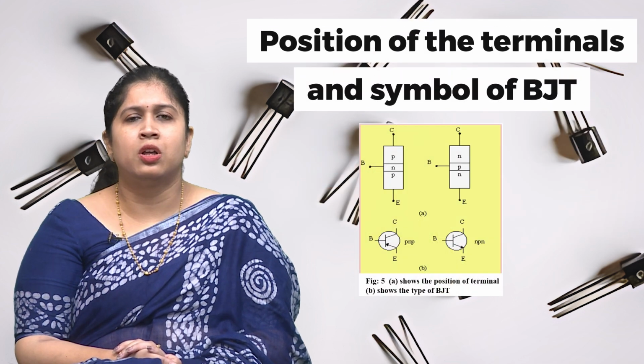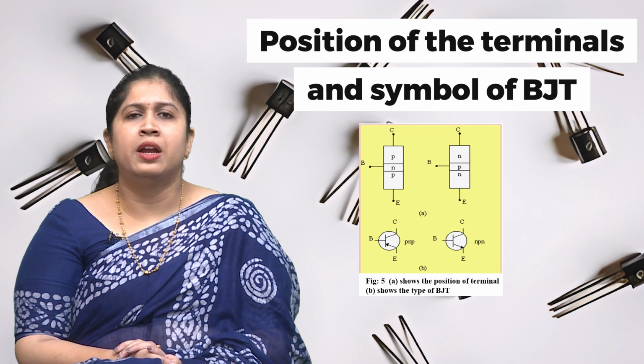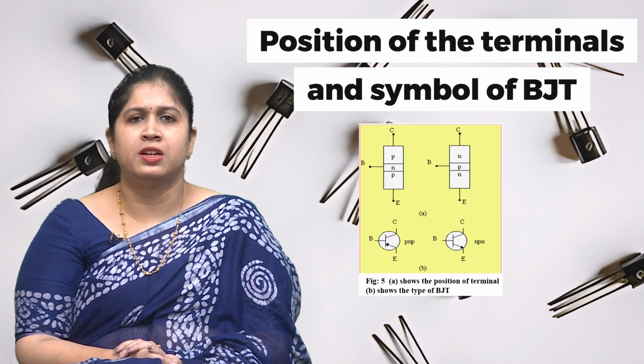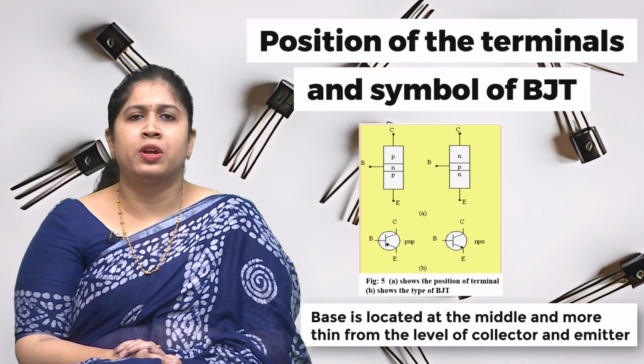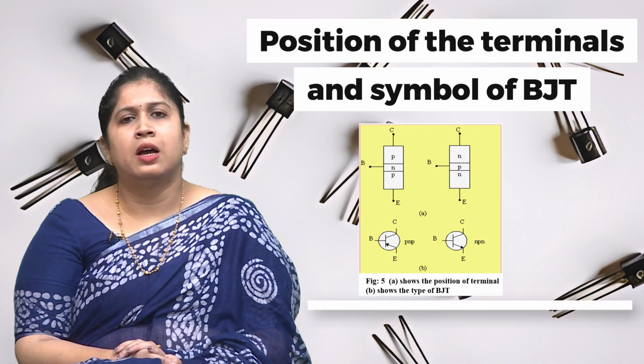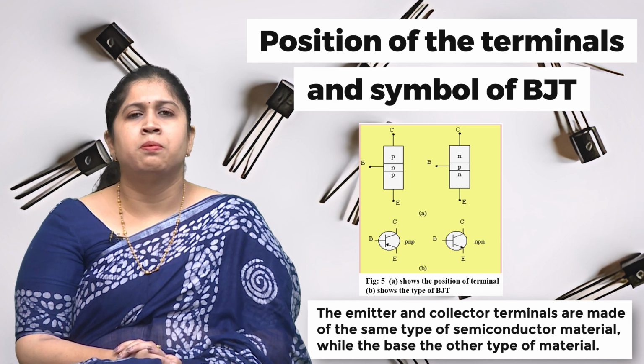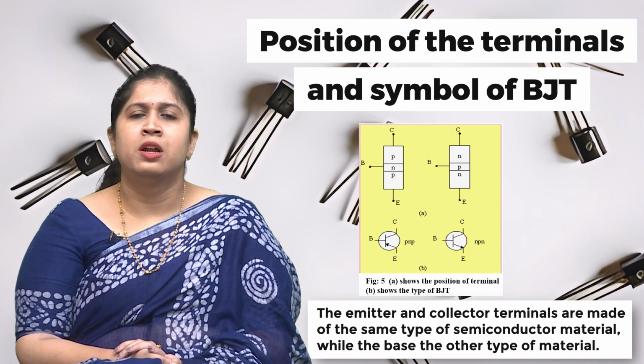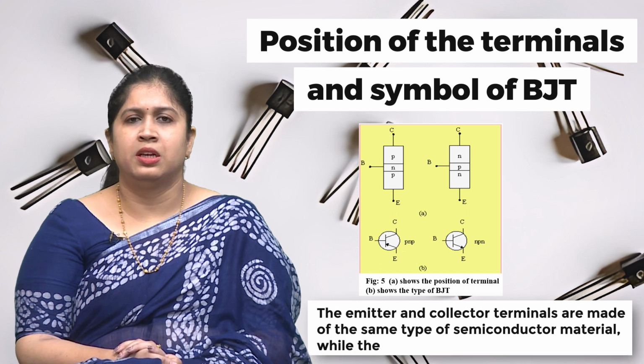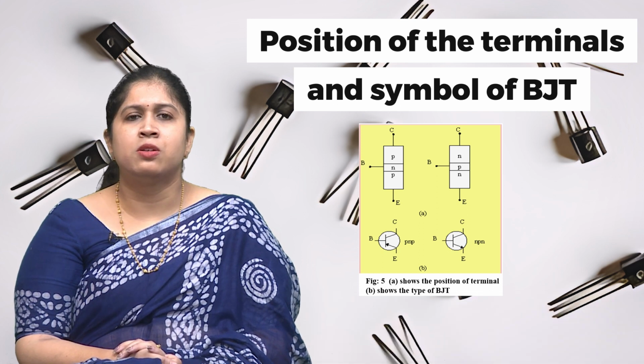In this figure we show the circuit diagram and the symbol of BJT. Base is located at the middle and is thinner than the collector and emitter. The emitter and collector terminals are made of the same type of semiconductor material, while the base is of the other type of material.